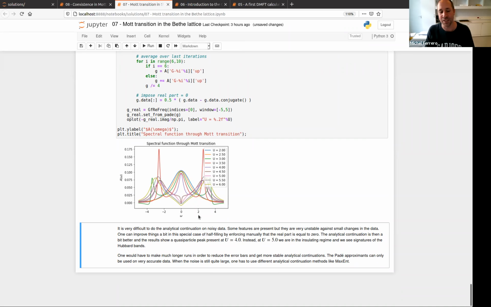So this all comes from the Padé approximation being very unstable against numerical noise. It's a very delicate thing to do, and you cannot really trust it. So all these features here are not real. You can only trust very broad features, like whether I have something at low energy or not. Basically, that's how much information you can get from noisy data.